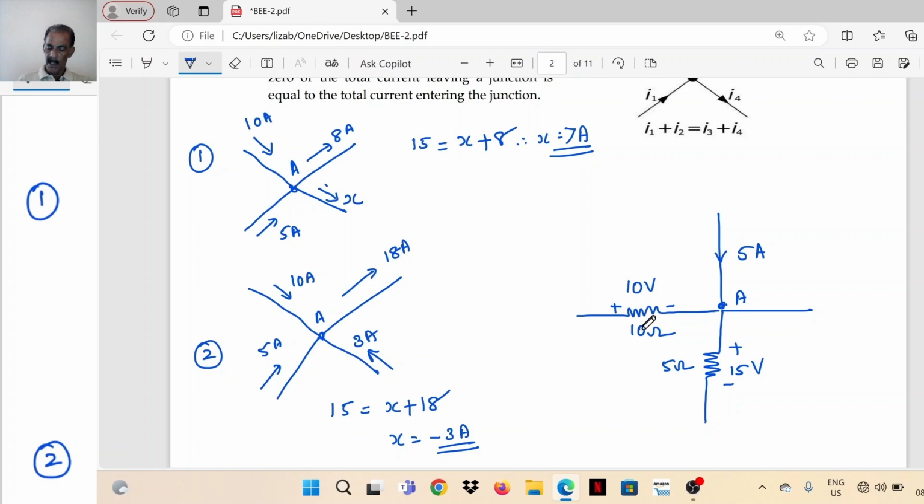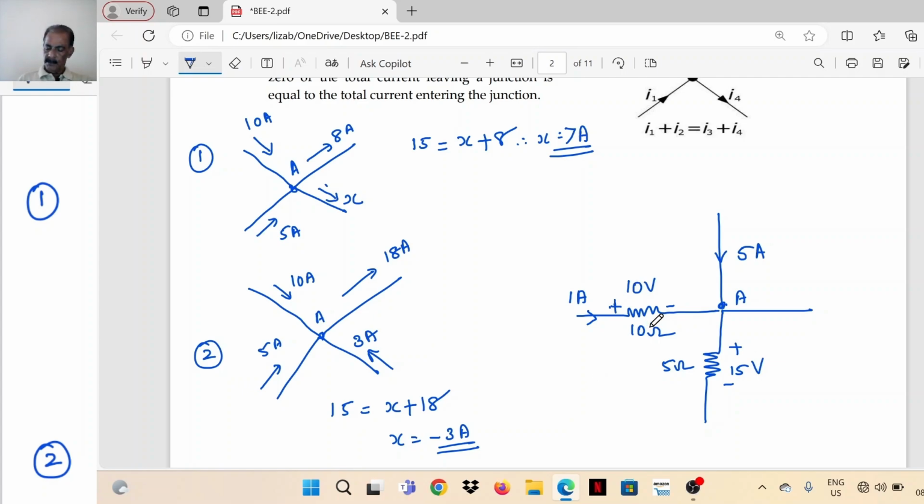So current in this branch is 10 volt divided by 10 ohm, that is 1 ampere. Now what is the direction? Is it an incoming current or an outgoing current? It is an incoming current because the voltage drop across the 10 ohm resistor has a positive polarity here. That means current entering the positive terminal, so the current is 1 ampere entering this terminal.